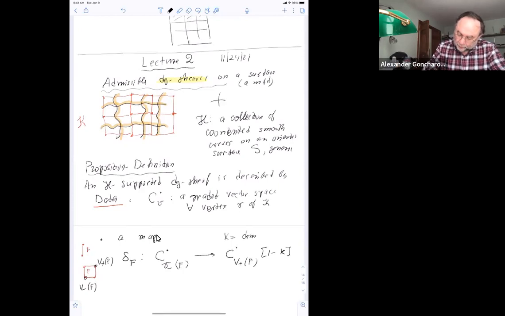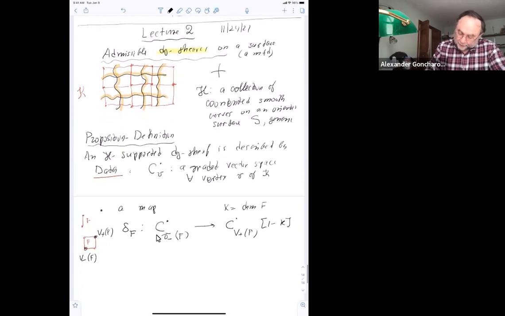In our case, 1 or 2. We do this for each k-dimensional face F of this cubical complex. Now we put a condition.